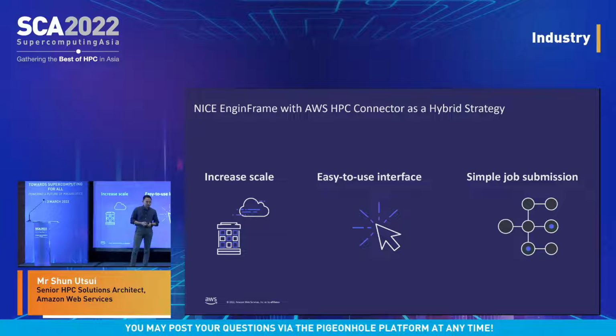NICE EnginFrame and AWS HPC Connector give you the ability to integrate your on-premise HPC environment with AWS. Now, some of you might already be familiar with NICE EnginFrame as an on-premise portal because it has been there for quite some time. It's popular amongst customers who use it as a workflow engine.